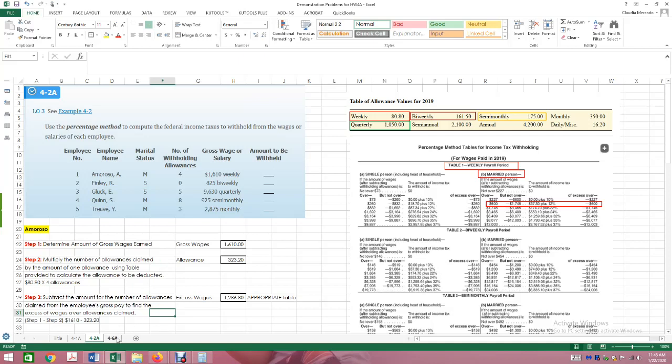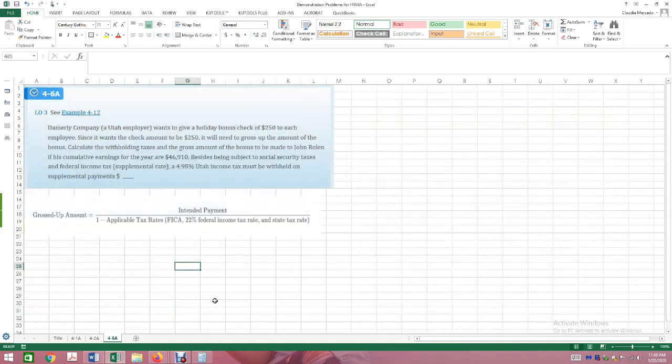The last problem we have is dealing with bonuses. Here we have Damerly Company. This is a Utah employer. They want to give a holiday bonus check of $250 to each of their employees. Since it wants the check amount to be $250, you will need to gross up the amount of the bonus.